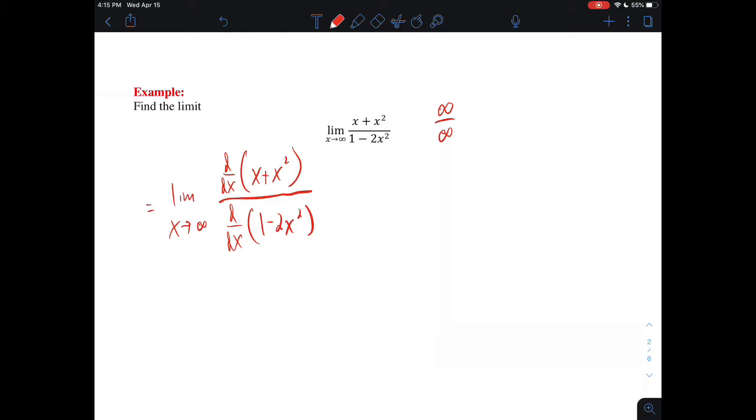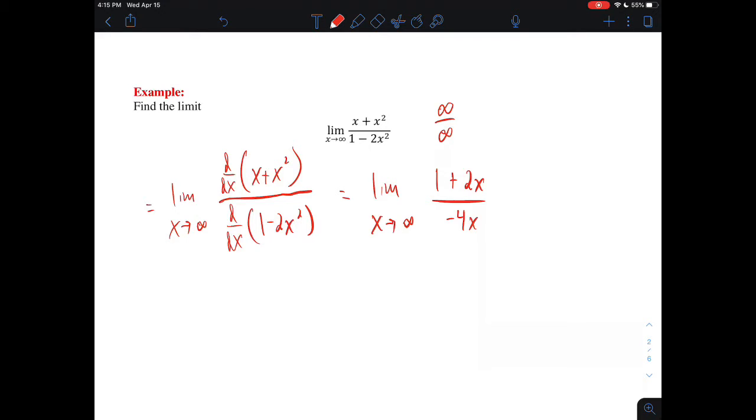That's it. So now this becomes the limit as x approaches infinity of 1 plus 2x divided by, that'll be 0, and then minus 4x. So I get 1 plus 2x divided by negative 4x.